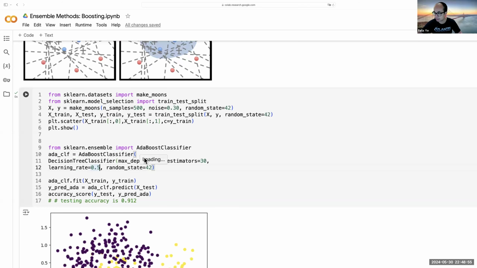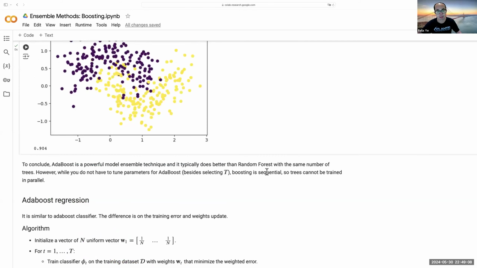But usually the base learner can be super weak, like these decision trees with one layer. They are super weak learners, but that will be sufficient. There are not many parameters you need to tune. Just pick your T, and you are good to go.